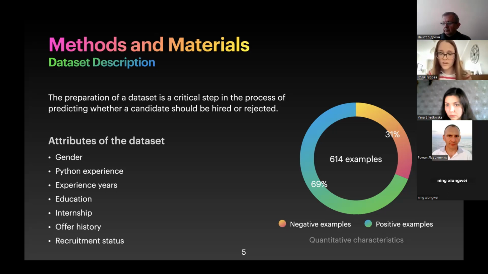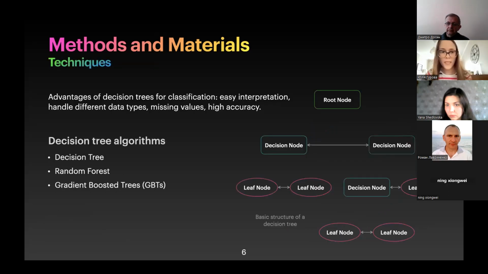In the presented diagram, you can see the quantitative characteristic of the data set by the target attribute, recruitment status. One of the many solutions in solving hiring problems is to use decision tree algorithms because they are well suited for classification problems, which is a typical use case in the hiring process.